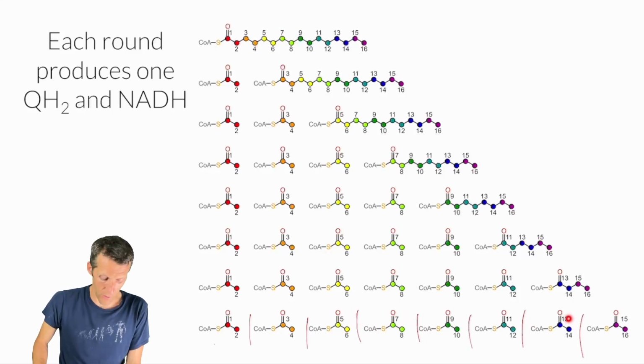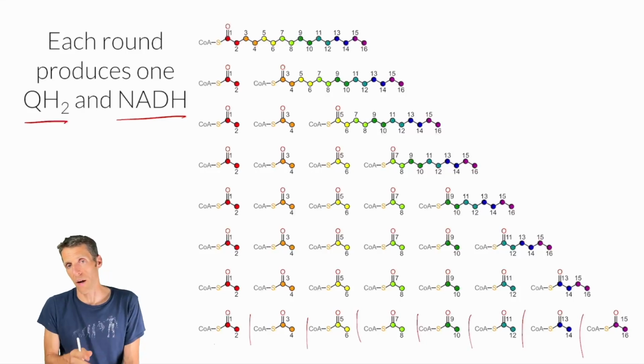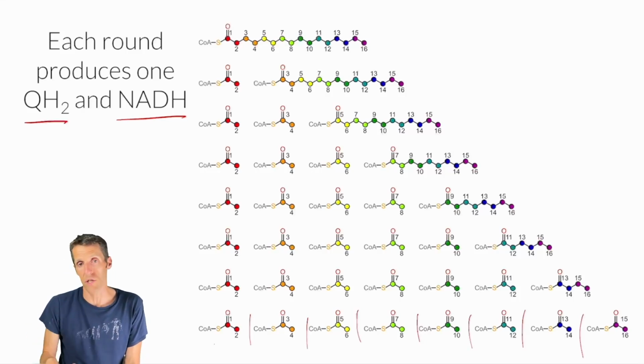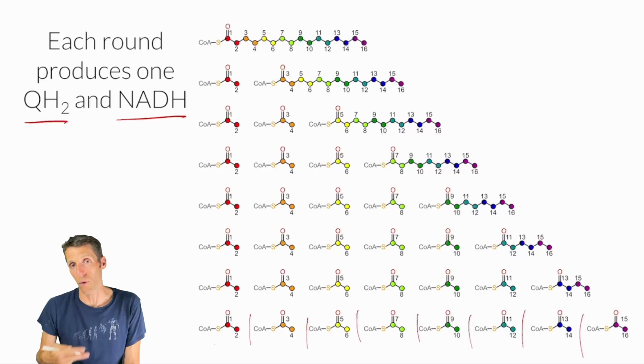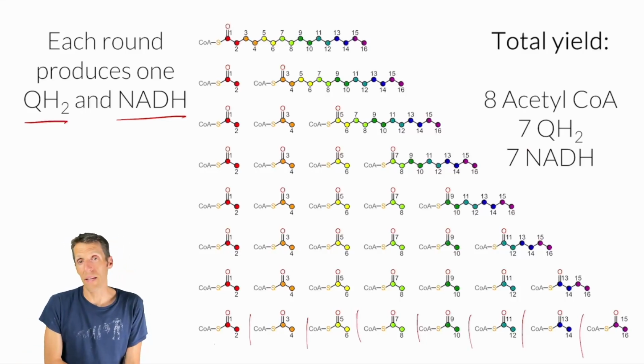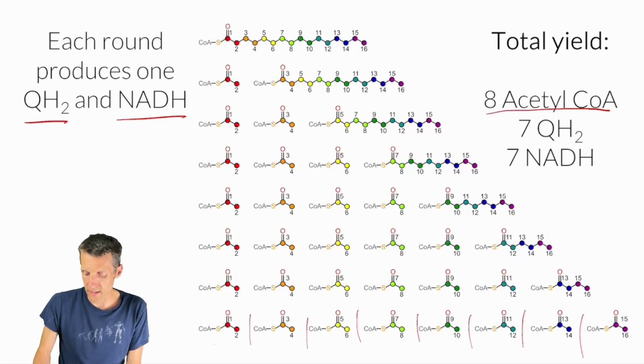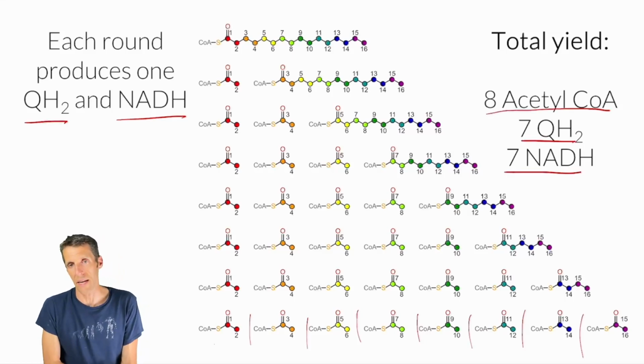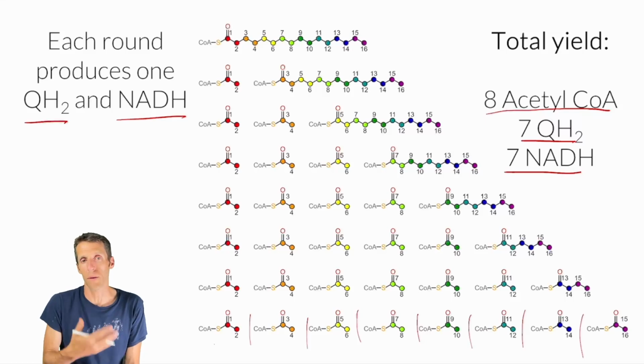And each one of those produces a QH2 and an NADH. So during beta oxidation, we're releasing a QH2 and an NADH every time we break one of these bonds. What that gives us then is a total yield of 8 acetyl-CoAs, 7 QH2s, and 7 NADHs. So a 16-carbon palmitate is going to give us this output.